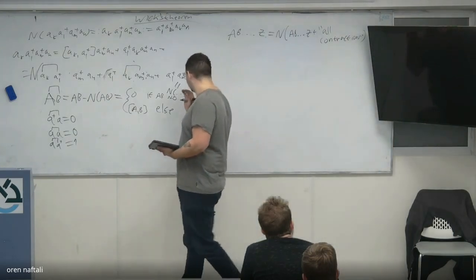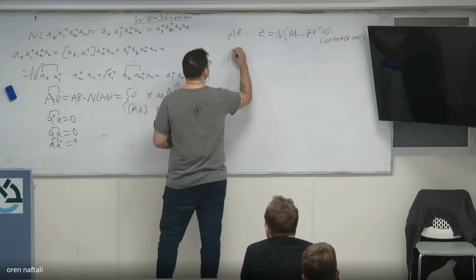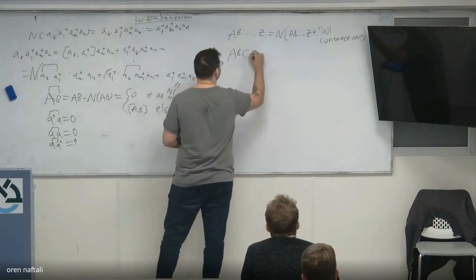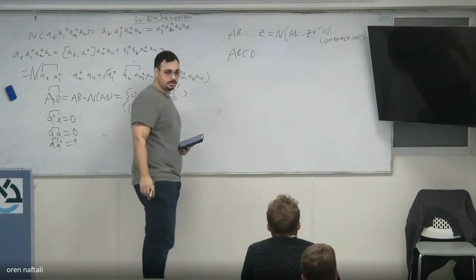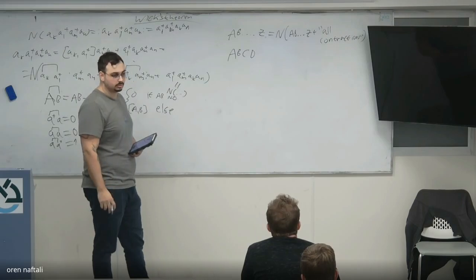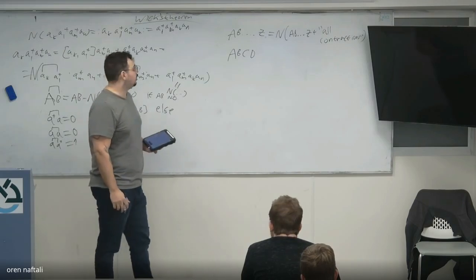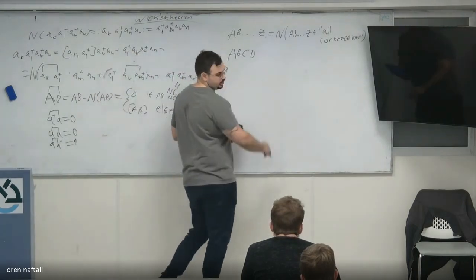For example, we'll prove it in a second, but before that, let's do an example. The factors are also normal order? All of them are in the notation of the normal order, yes.